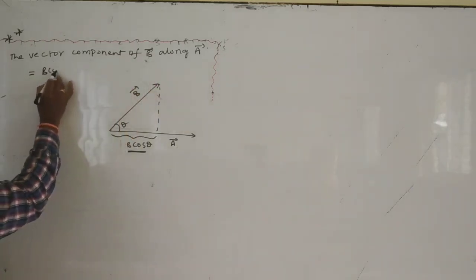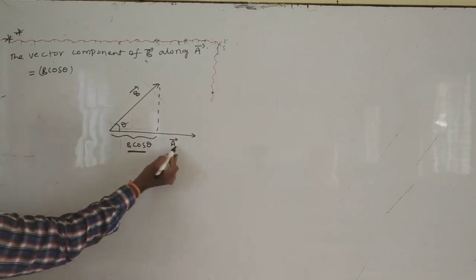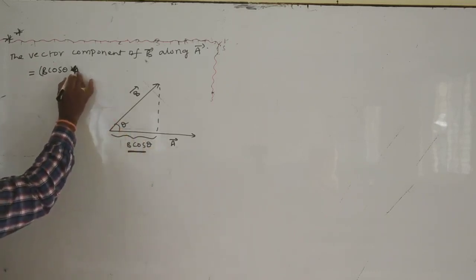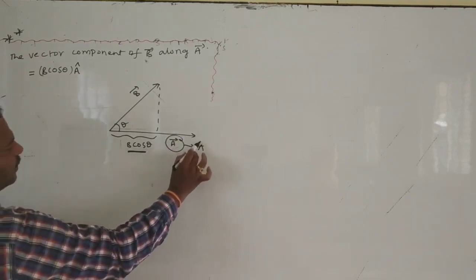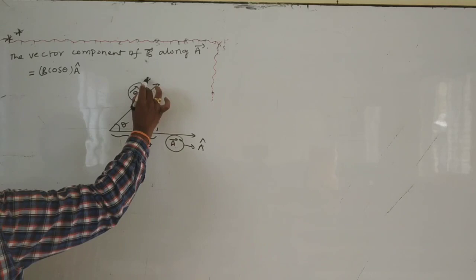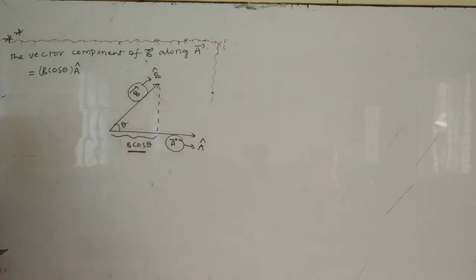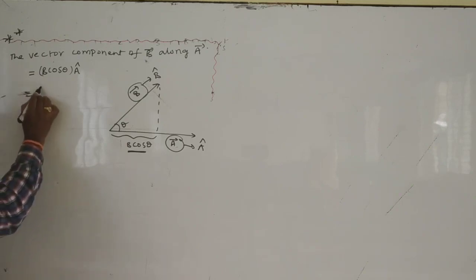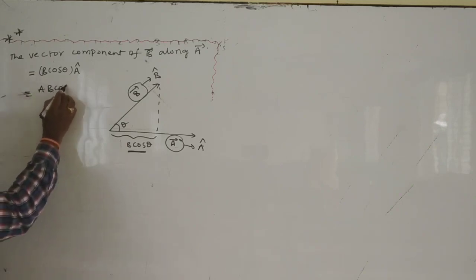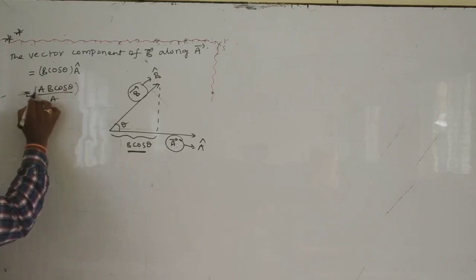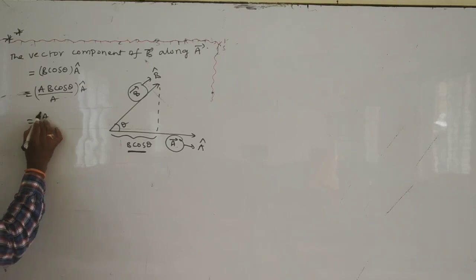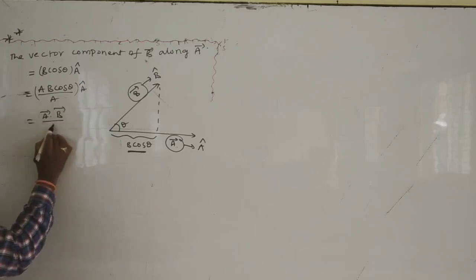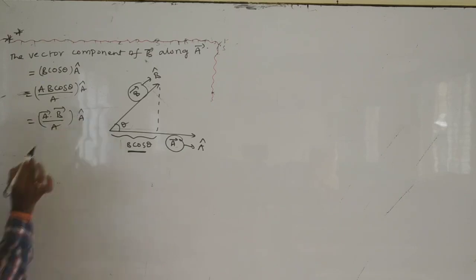Now we can write B cos theta, and its direction is along A bar, so A cap. This is the vector, and we denote its direction by A cap. So we multiply and divide by A. Now we can write A bar dot B bar by A, into A cap.